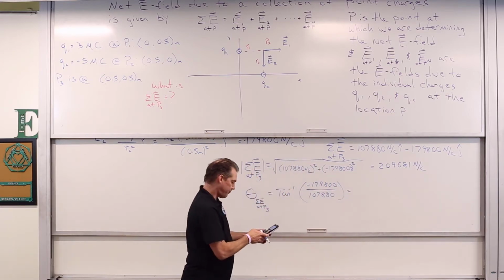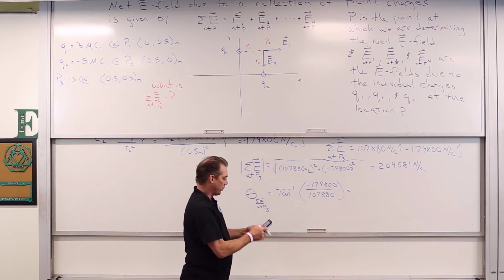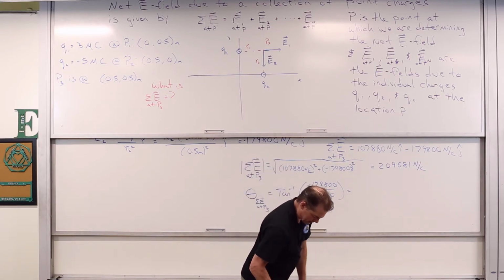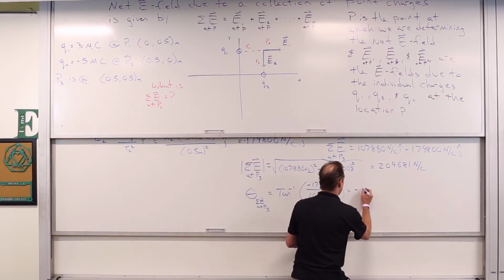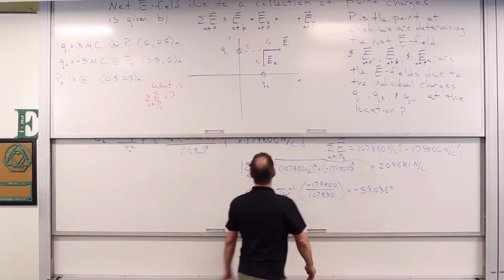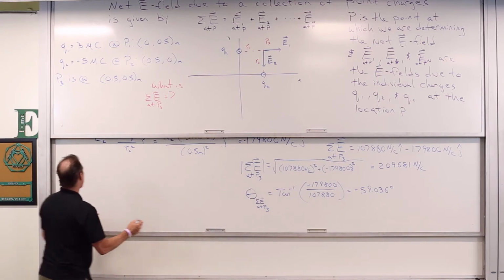And then we've got in degrees. We get negative 59.036 degrees. So in the end, what do we get out of this?